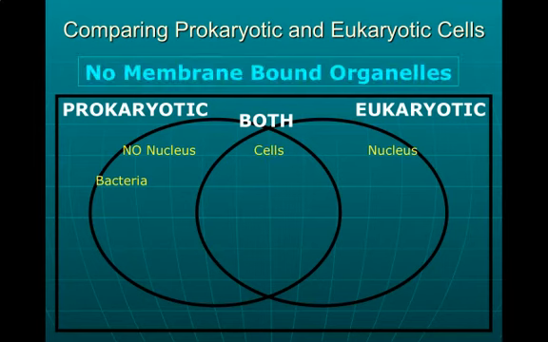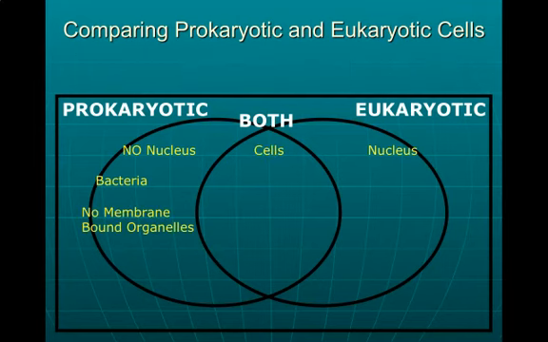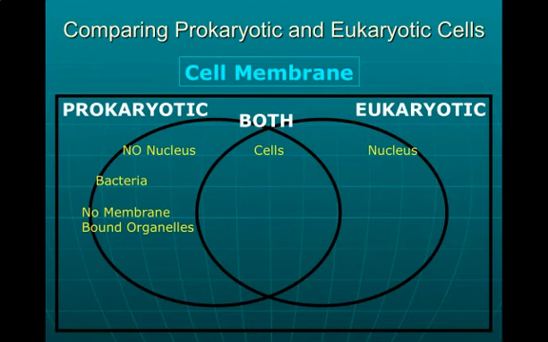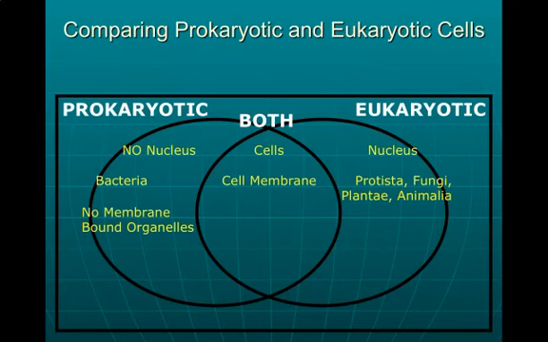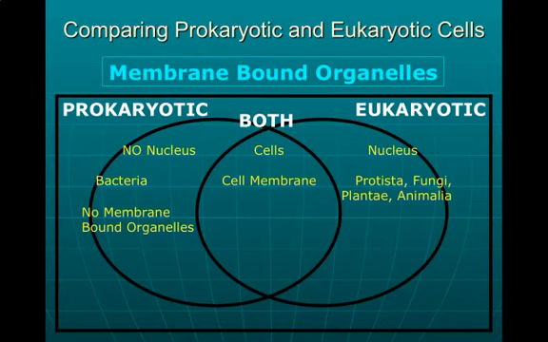Very good. No membrane-bound organelles. That's going to go on the prokaryotic side. Remember, they're very simple. Cell membrane, think hard. Yes, that is found in both. Protista, fungi, Plantae, and Animalia would be the eukaryotic. Membrane-bound organelles are also found in the eukaryotic cells.